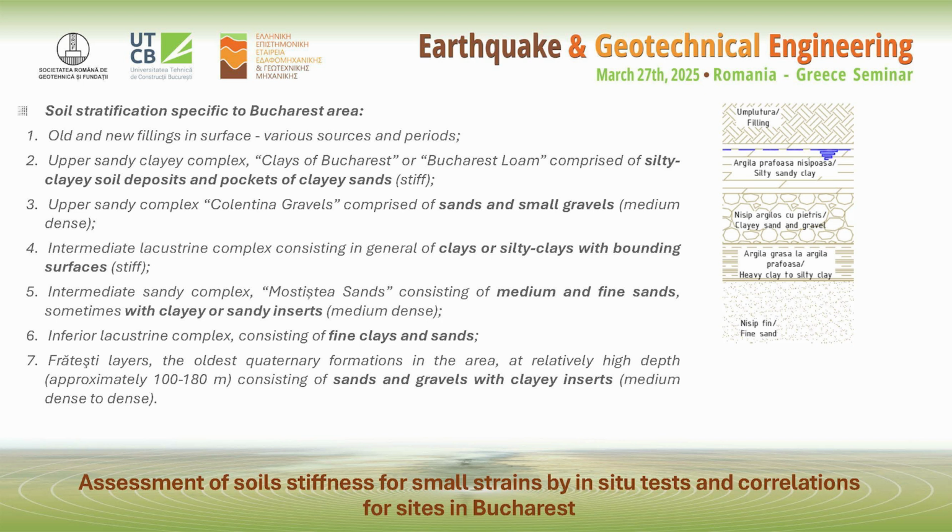For those of you that are not familiar with lithology in Romania, and especially in Bucharest, because this is the area where we have most data obtained and for bigger projects. After a filling layer, we have the Bucharest clays, usually stiff silty clay deposits.